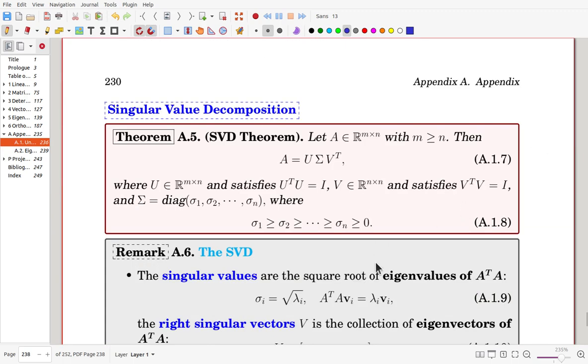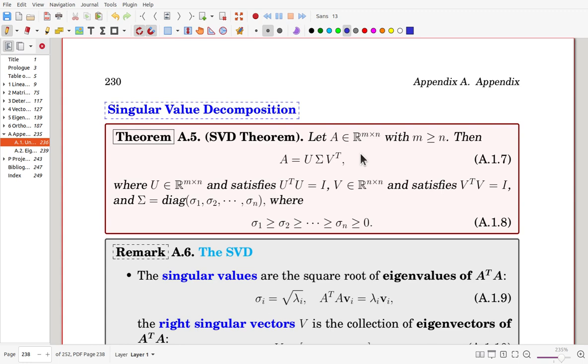Here we have singular value decomposition as an application of eigenvalues and eigenvectors. It's a quite popular decomposition technique. Now we start with a general shape matrix. A is in R^(m by n), and m is larger than or equal to n, so that A is now a tall matrix and the number of rows is larger.